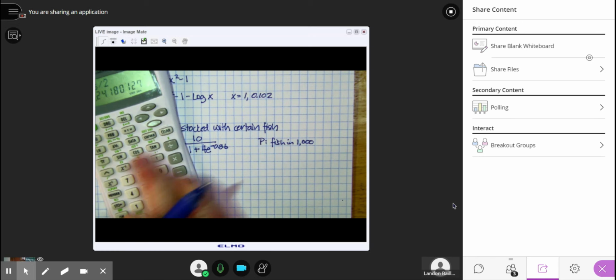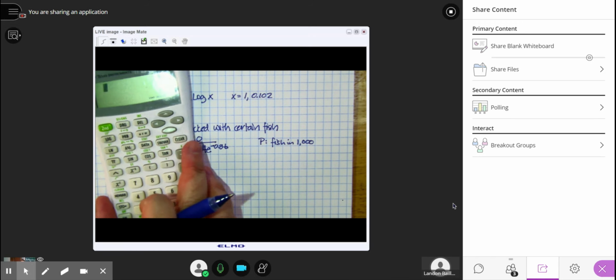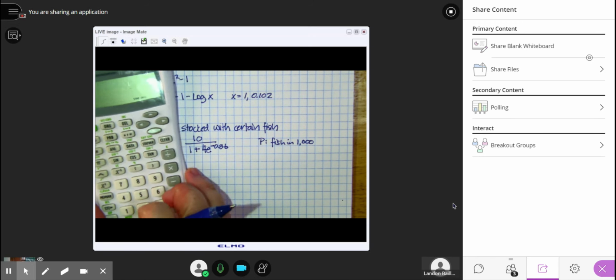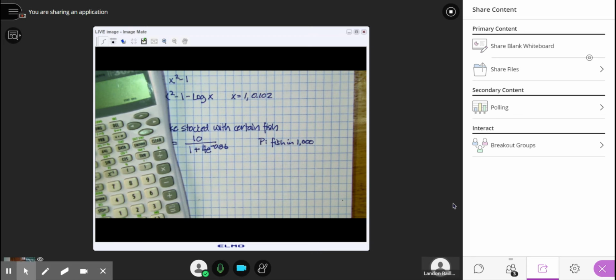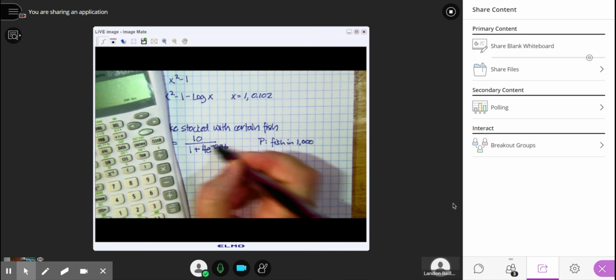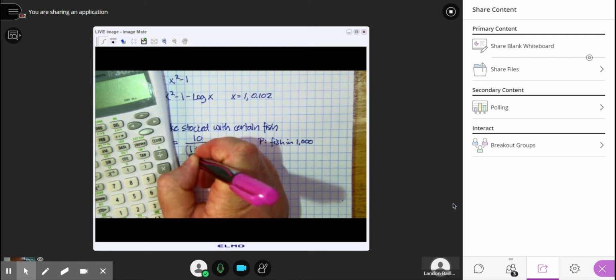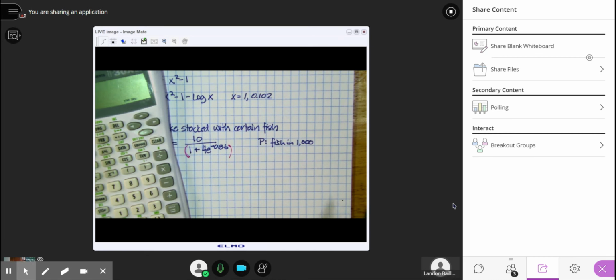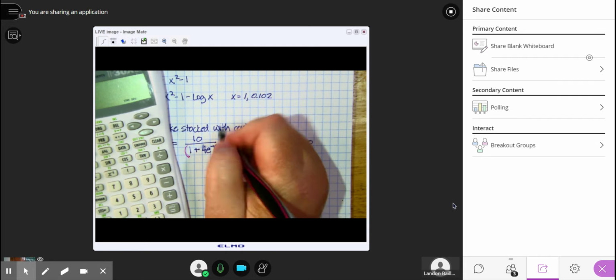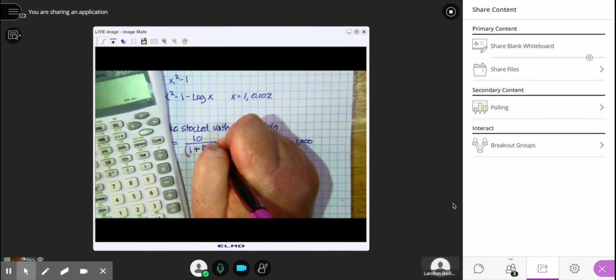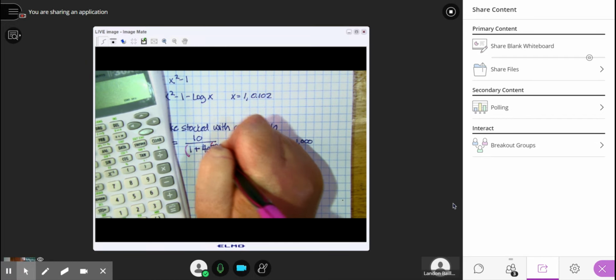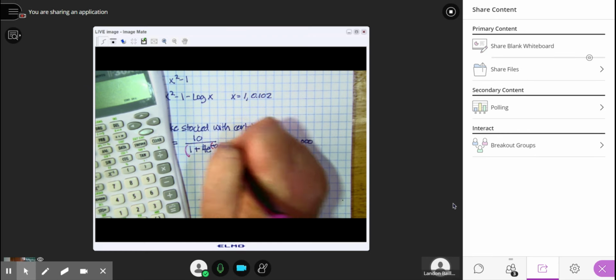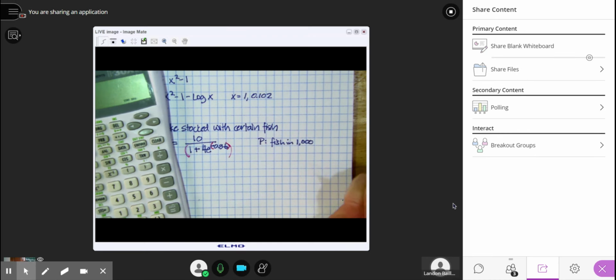Okay, do you have the same calculator I do here? So what you want to make sure that you're doing with your numbers is in your denominator, you want to put all of this in parentheses. In addition, either figure out what this number is or put it in parentheses as well.